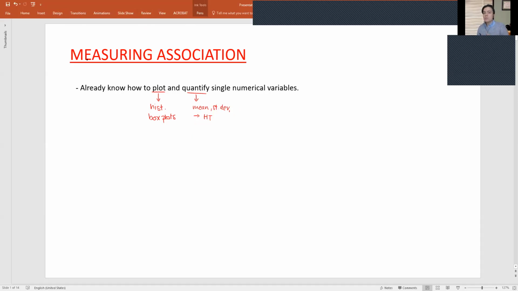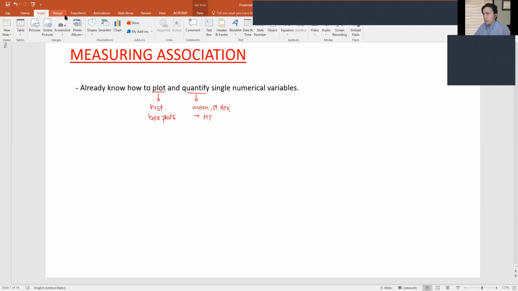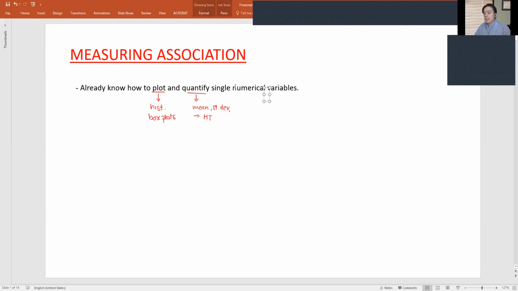Is it possible that one thing is affecting another? That's something we were interested in even at the beginning of the semester, but we had to start with something simple and then start working on solving this type of problem.